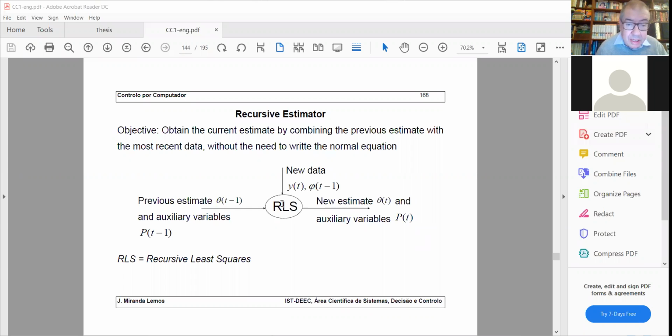Now I'm omitting the hat here to make the notation lighter. So this theta that appears here is to be understood as the estimate of the vector of parameters. So this is what we want, and we want to do this by modifying the batch least squares algorithm that we studied yesterday.